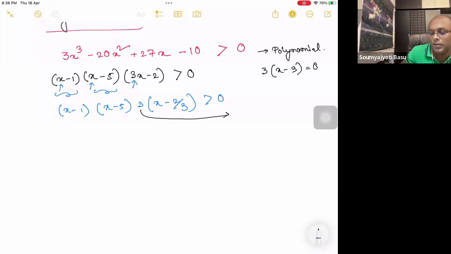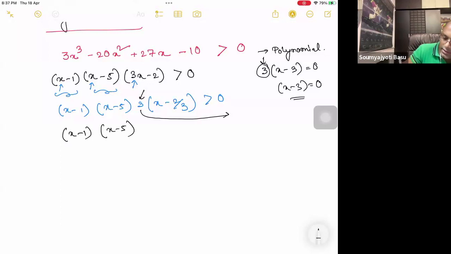You can ignore this 3, right? And write simply as x minus 3 equal to 0. There is no effect of this 3 on the equality. Same over here. This 3 does not have any effect on the inequality. So you get (x minus 1) into (x minus 5) into (x minus 2 by 3) greater than 0.